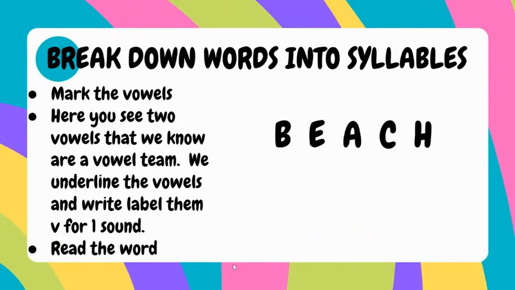Next, we have another word, beach. First, we have our scholars mark the vowels, E and A. And so we ask ourselves, could this word have two separate syllables? Well, we have two separate vowels, but they're side by side. Are they working together as a team? Absolutely. So both of these vowels are working together side by side and they create one sound, which means this is a one syllable word.